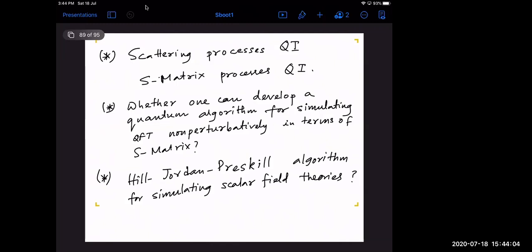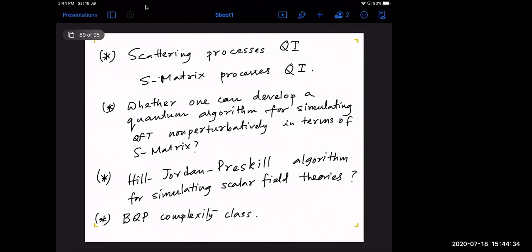Also, the same authors show that this simulation of scalar field theory belongs to the BQP complexity class, the bounded-error quantum polynomial time class. But again, they use this explicit Lagrangian.